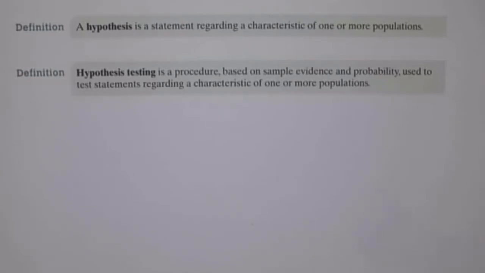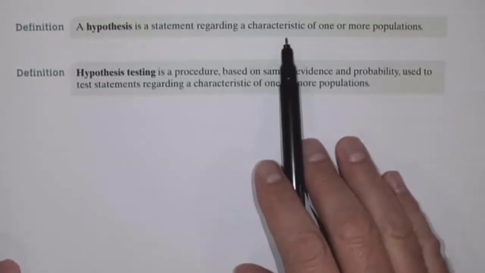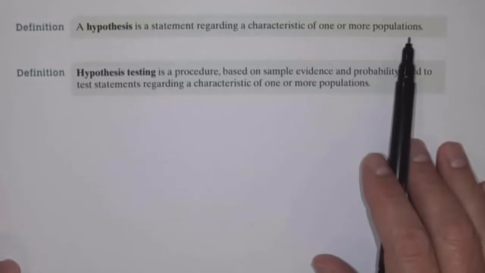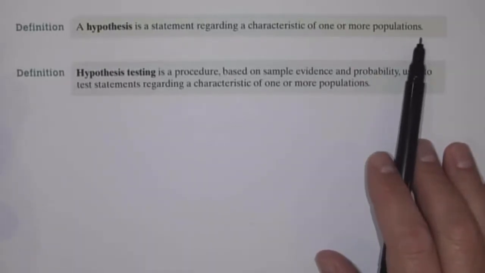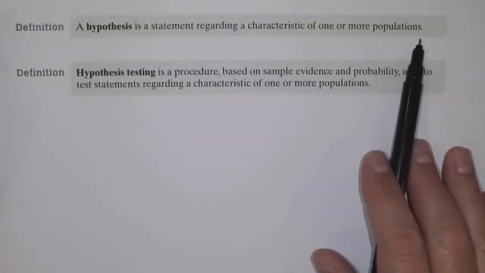Well, in statistics, a hypothesis is the same kind of thing, except we're going to be talking specifically about populations. So a hypothesis is a statement regarding a characteristic of one or more populations. So it is something that is supposed to be true about the population.